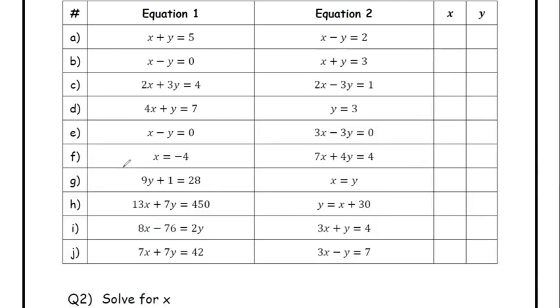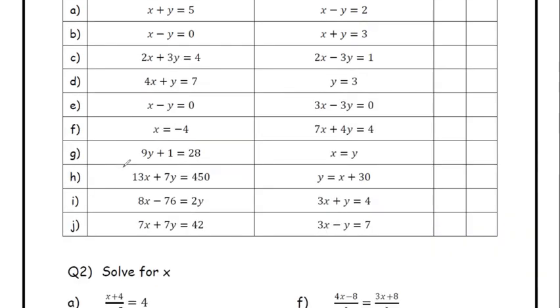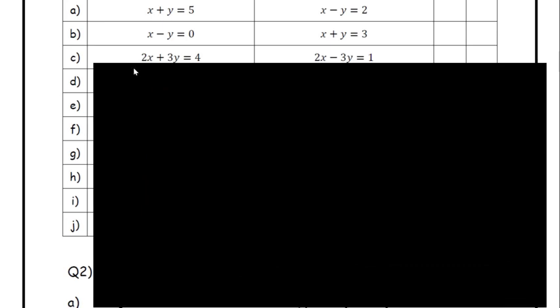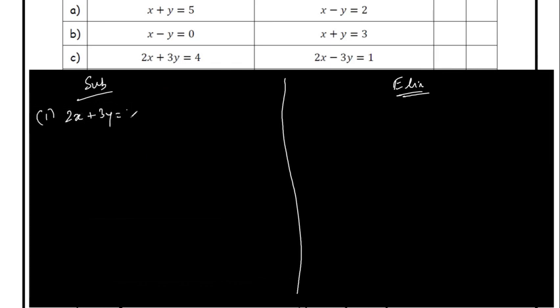Okay, third equation, C. Elimination. So first equation is 2x plus 3y is equal to 4.